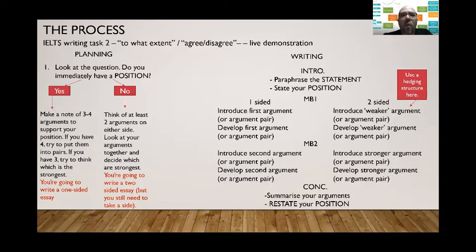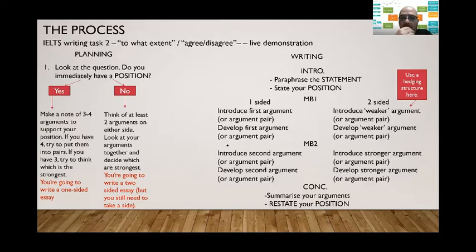Of course, if you write a one-sided argument, it's much simpler, but as I mentioned before, if you've got 4 arguments, try to pair them together so that each paragraph at least has a theme to it. It's not just a list of arguments, if that makes sense.